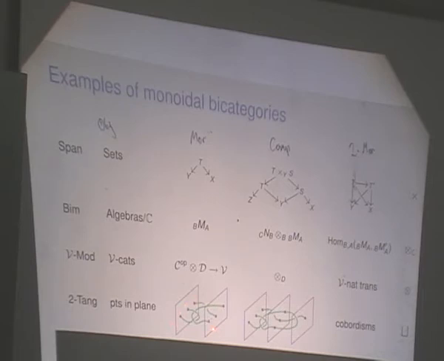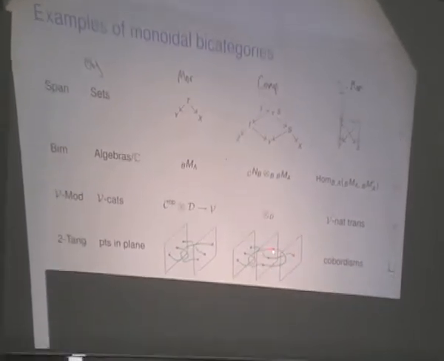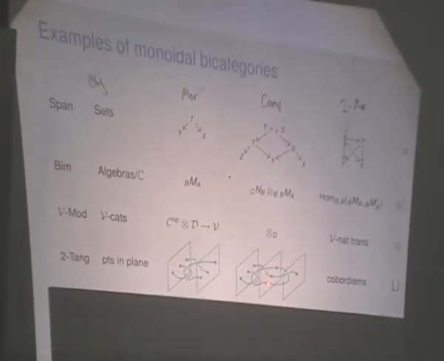Well, it's going to be a tangle. So it's just a collection of strings in three-dimensional space which go from one set of points to the other set of points. And you compose just by gluing them together. So from 1 point to 3 points, we've got a little tangle there, and then we can just glue this one on to get our composition.